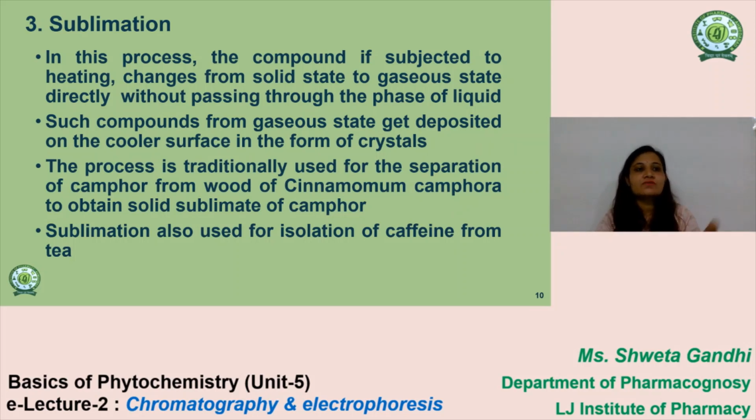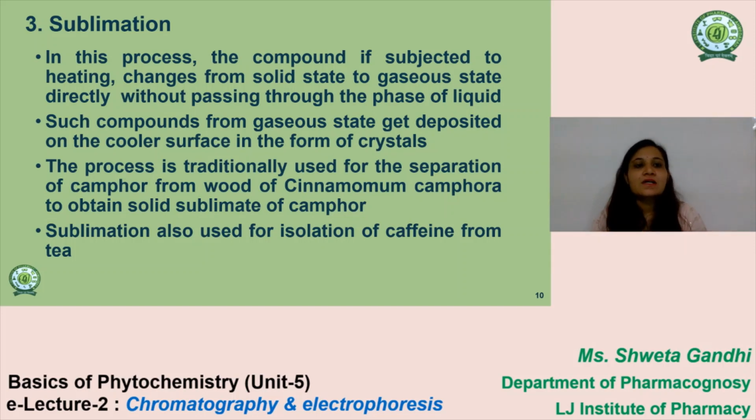In any process, we usually see that solid changes into liquid, then into gas. Now in this sublimation process, solid goes directly to the gaseous state. Such compounds from the gaseous state get deposited on the cooler surface in the form of crystals.